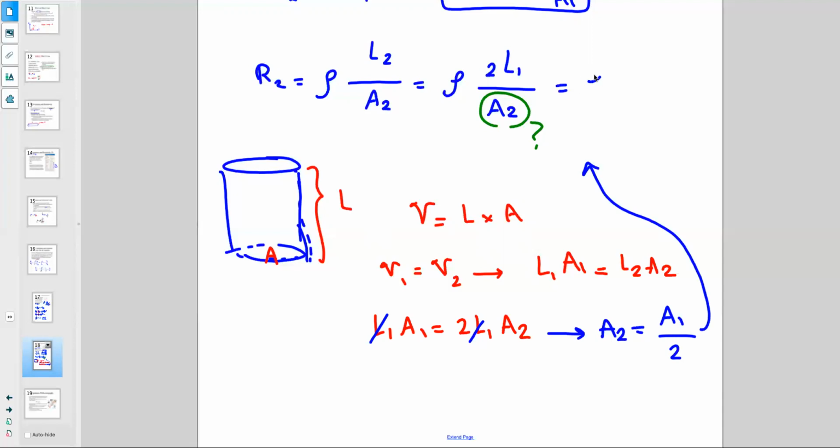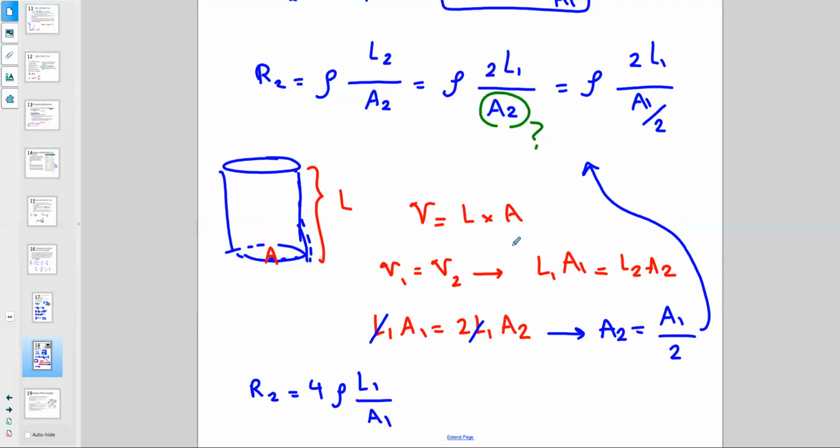Okay, so I have rho 2 L1, and for A2, I have A1 over 2. So R2 is, this 2 times this 2 would be 4, 4 rho L1 over A1. But we know what this rho L1 over A1 is.